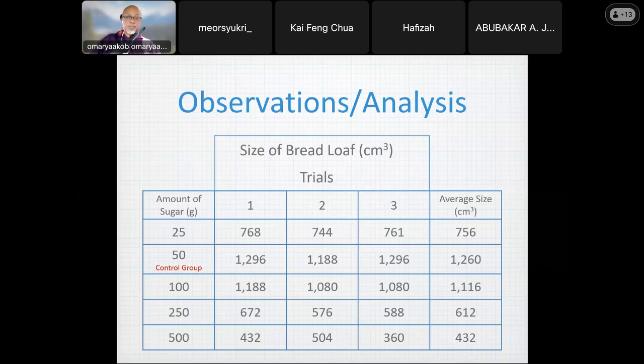So the experiment of John is not achieved. What do you mean not achieved? Because John wanted to do an experiment, if he increased the amount of sugar, the size of the bread.